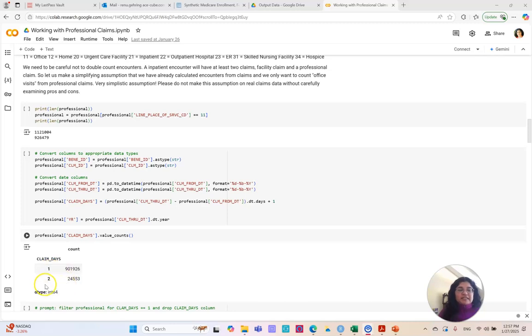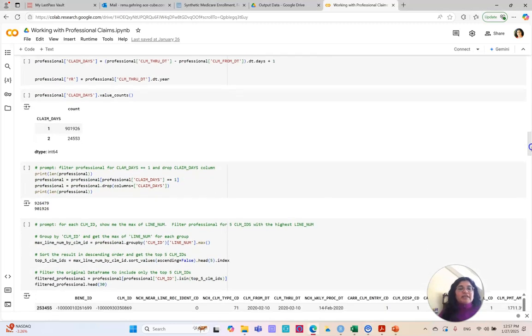And I did see that there were a few that covered 2 days. But since this is such an insignificant and small part, I decided to make it easy upon myself. And I kept only the claims where claim days was strictly equal to 1. And that made my analysis easier further down.